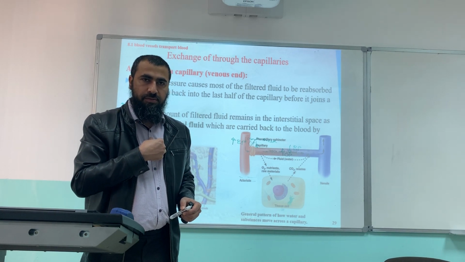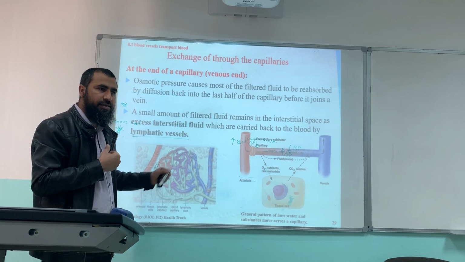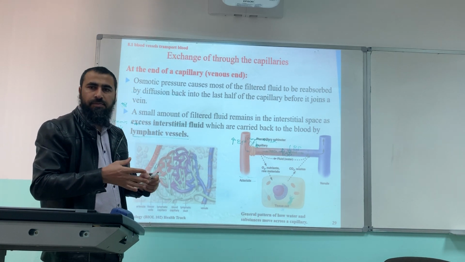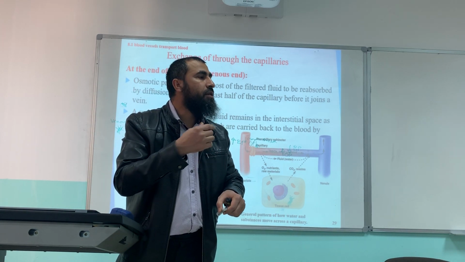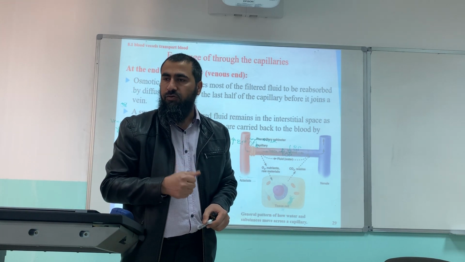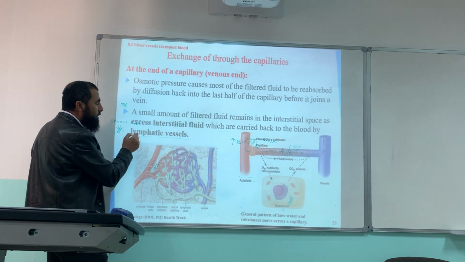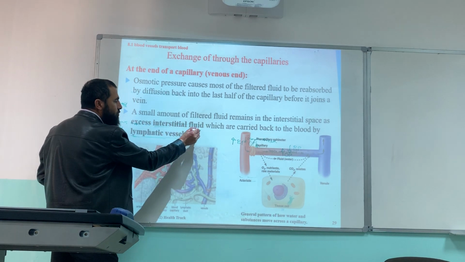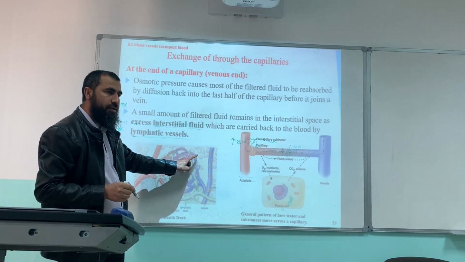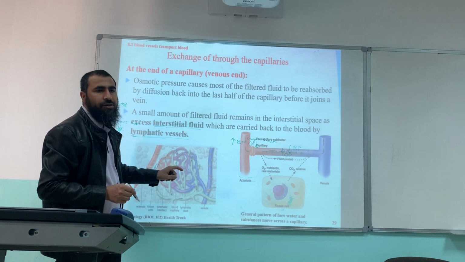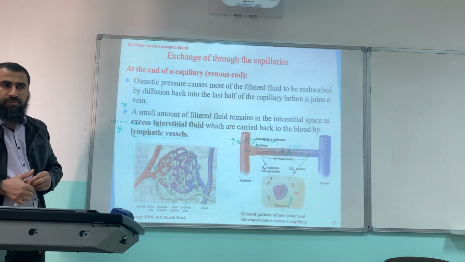If we didn't have the lymphatic system, our body would swell, because we wouldn't be able to return the excess fluid. So the lymphatic system is important in carrying that excess interstitial fluid from around the cells back to the cardiovascular system. Is that clear?